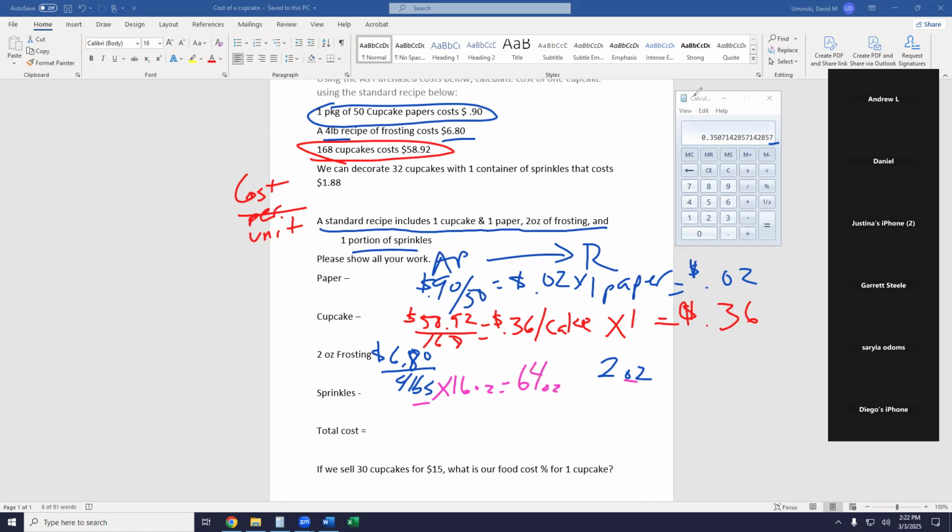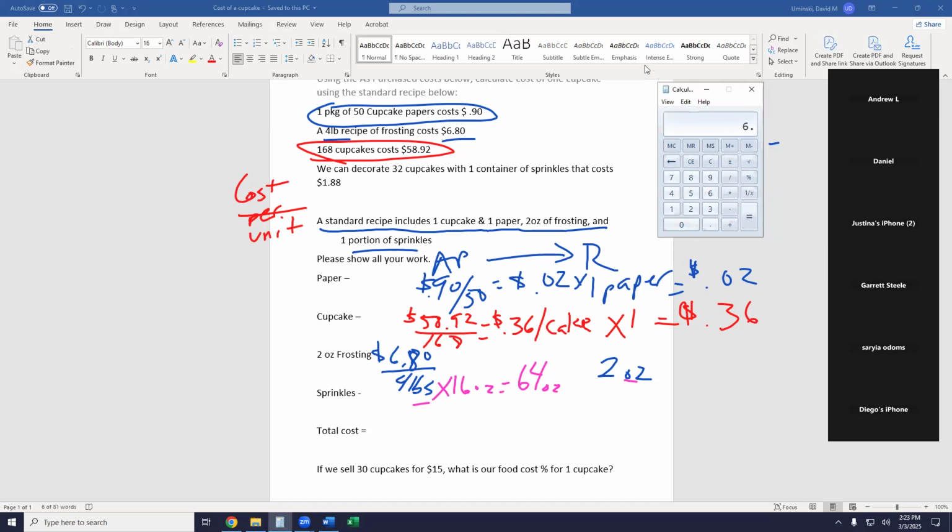Divide by 64 ounces. When we divide $6.80 by 64 ounces, we get 0.106, which rounds up to, let me write this over here so you can see it a little better, 680 divided by 64 ounces.